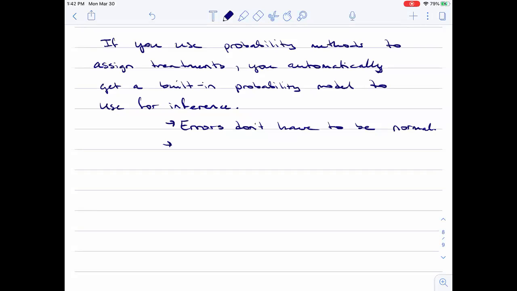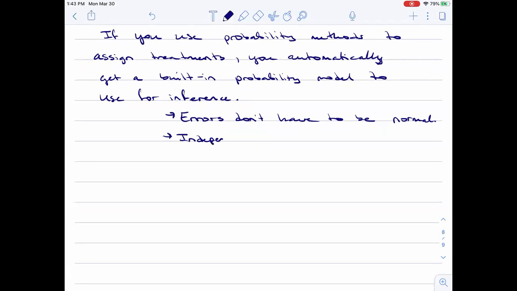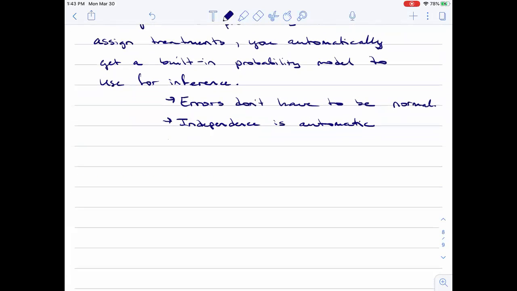The independence is automatic because they're randomly assigned, so we can assume independence, and the size of variation doesn't matter anymore, because even if you did a transformation to try to deal with different variances, you would end up at the same results.